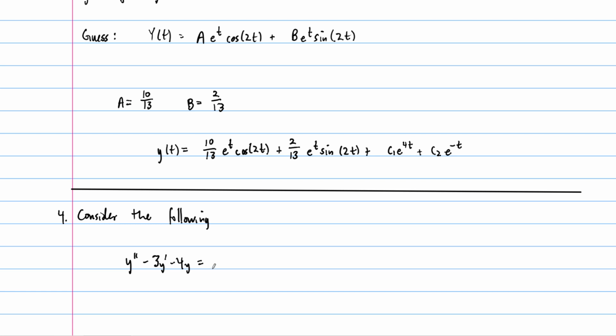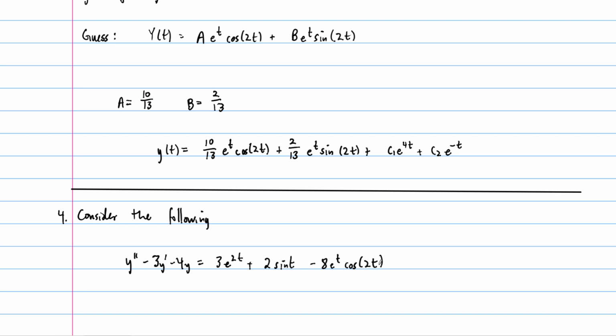And on the right-hand side, we had each of the different right-hand sides from before added together. So we could have 3 e to the 2t plus 2 sine of t, and then minus 8 e to the t cosine of 2t.